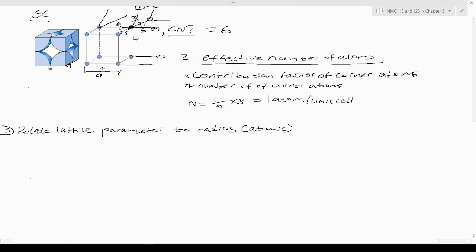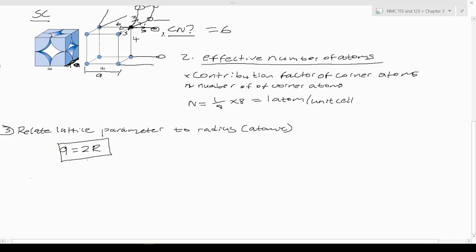And in this particular drawing, that entire distance is actually A. Now you can see that from here to here is a full radius, and from the next atom towards the edge, it's another radius. So because of that, A, which is the lattice parameter, is equal to 2 radii, right? That's the relationship between the lattice parameter of this cube and the radius.